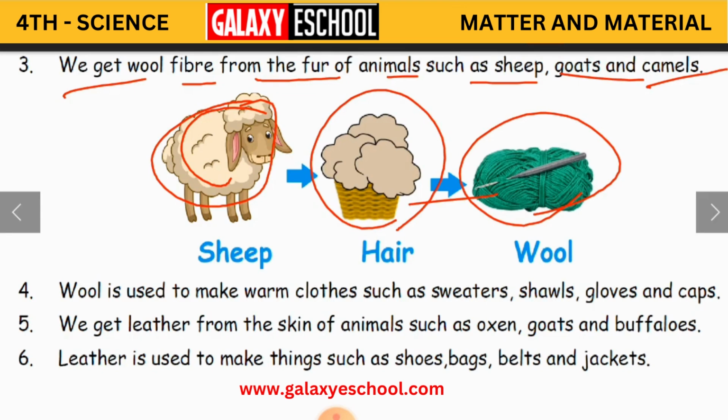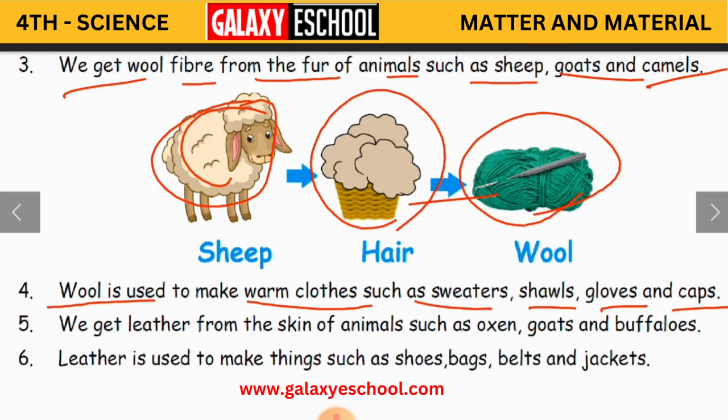Same like that, with leather also we get so many products like bags, shoes, belts and all that are made by the leather. And wool is used to make warm clothes such as sweaters, shawls, gloves and caps. Especially in winters, children, we use much woolen clothing.